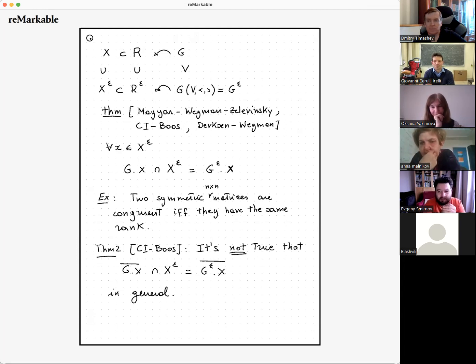Maybe it's the same problem. The orbit closures are complicated. But I wonder what kind of conditions one can put on X and G in order to have the orbit closures. Maybe irreducibility could be one, but maybe Anna knows better.